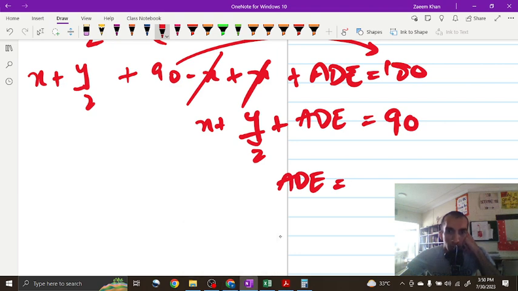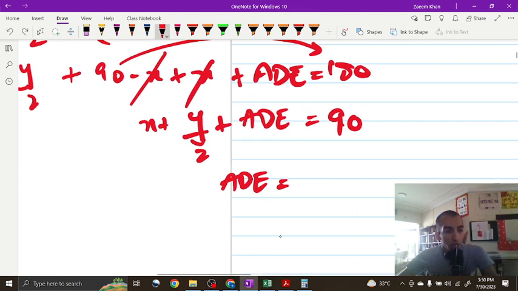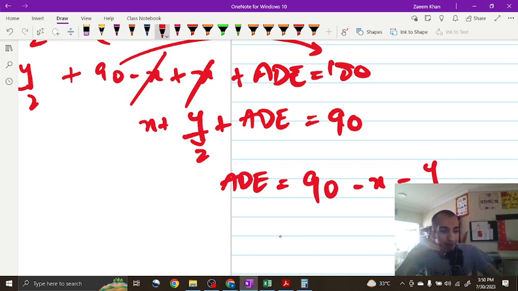How do we make a variable the subject when there's only addition going on the right and left? Just subtract. You subtract to 90, take away x, take away y over 2, and that's your answer. Isn't that easy? Yeah. Right? Does that make sense? Yeah.